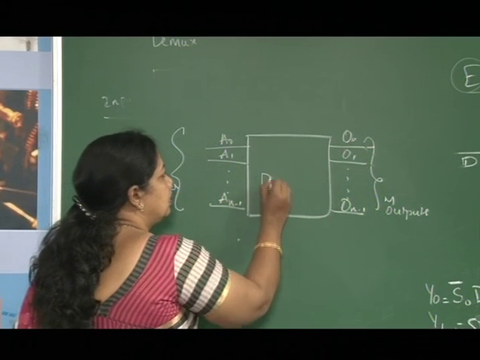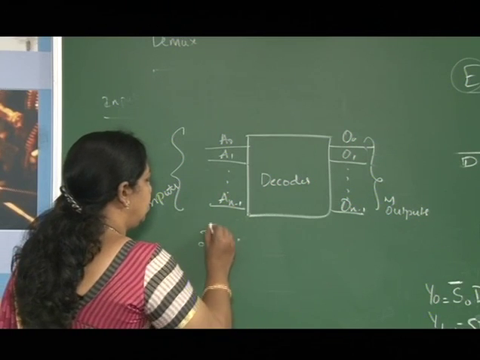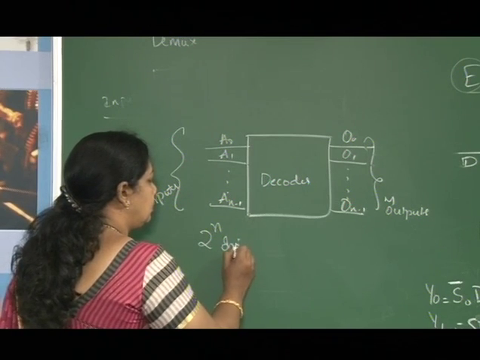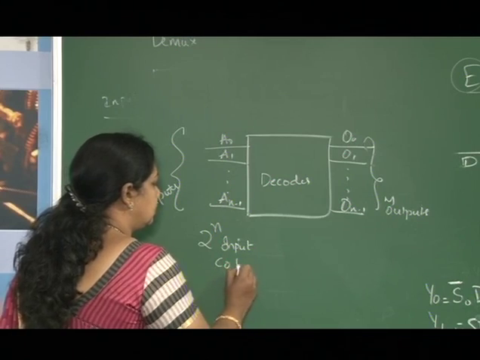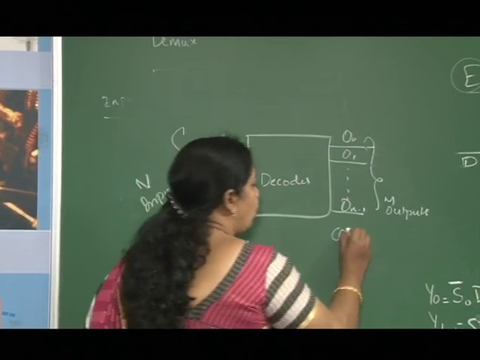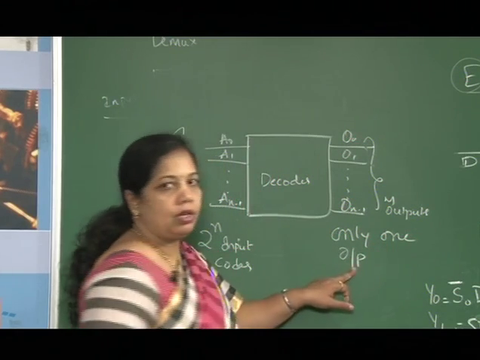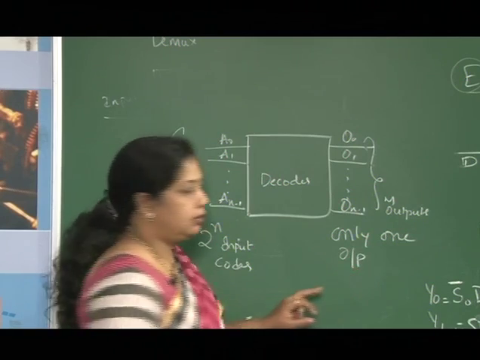So this is the decoder. We have 2 power n input codes, and only one output is high.